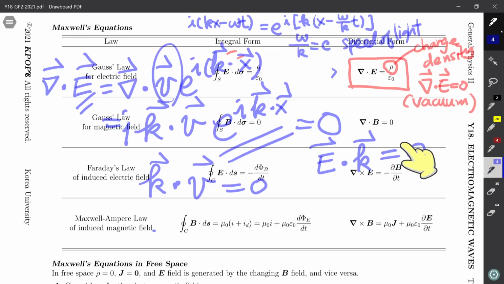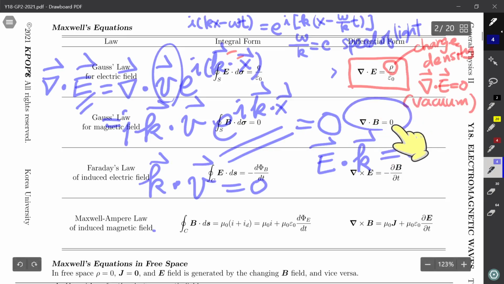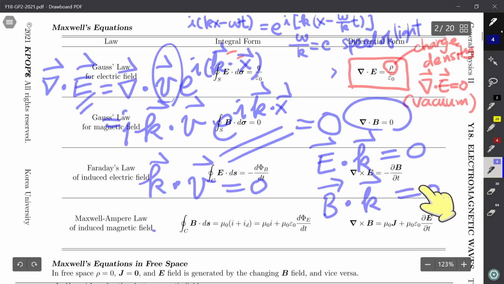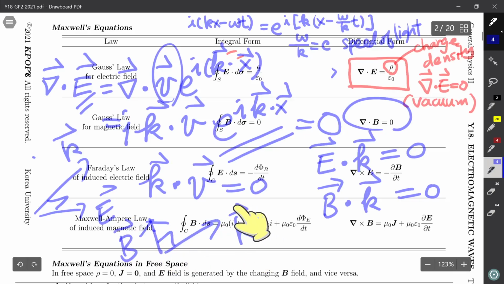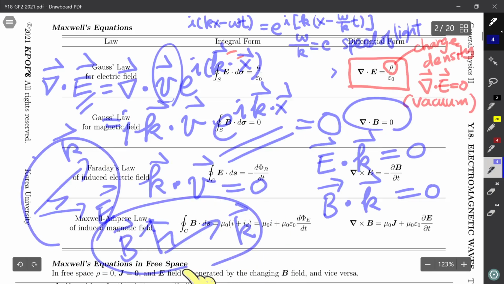In a similar manner, divergence B gives this one is 0. In summary, the electric field is perpendicular to the direction of propagation, and the magnetic field is perpendicular to the direction of propagation. They are perpendicular.